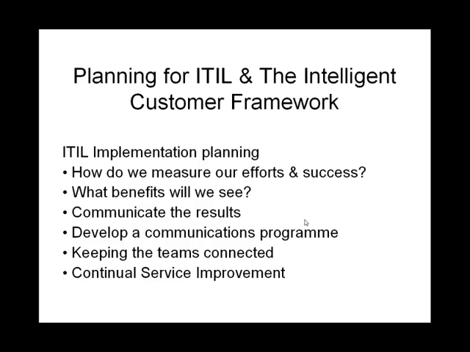We have OLAs working between the support teams, which again should be reducing the timescale that end users have to wait. We may have a self-help mechanism working for business users, or we may be conducting simpler, easy-to-complete surveys. All of these areas should be communicated.